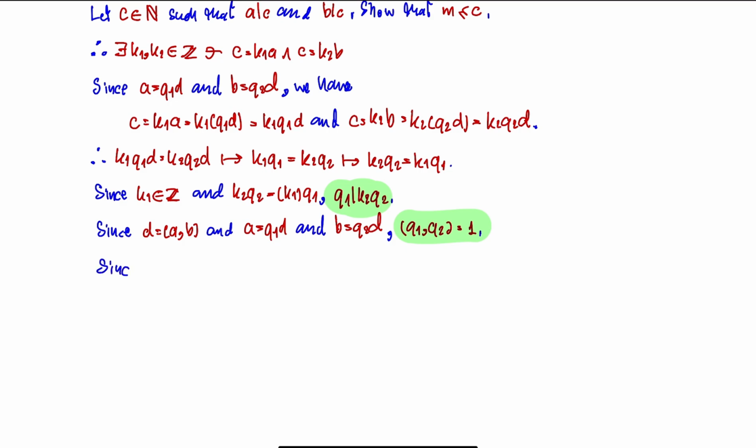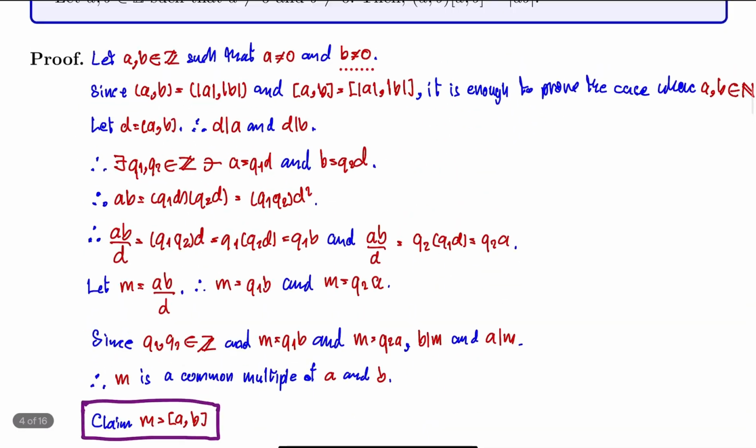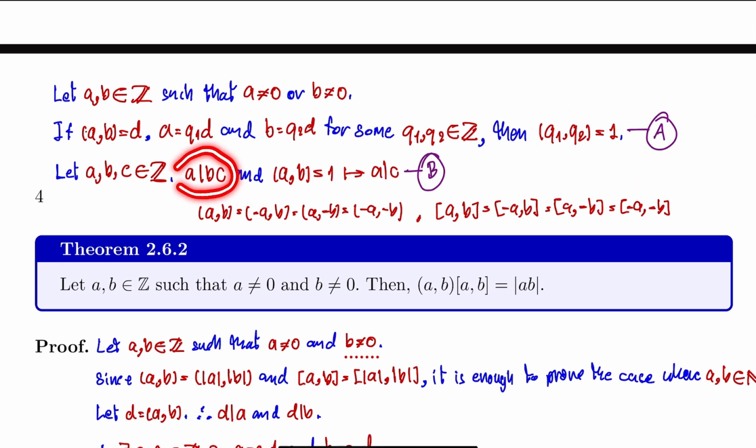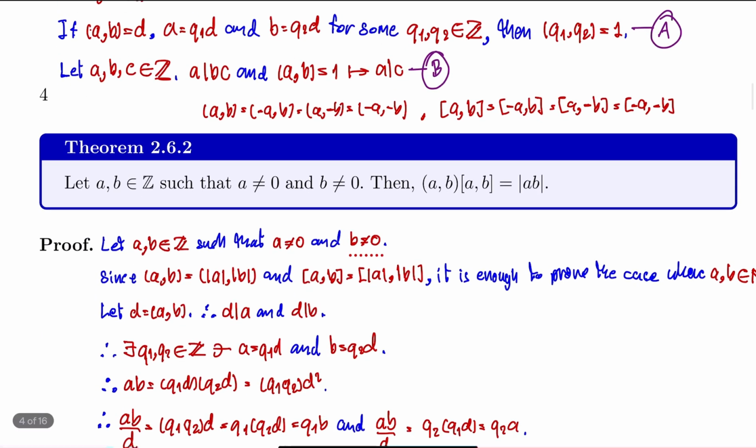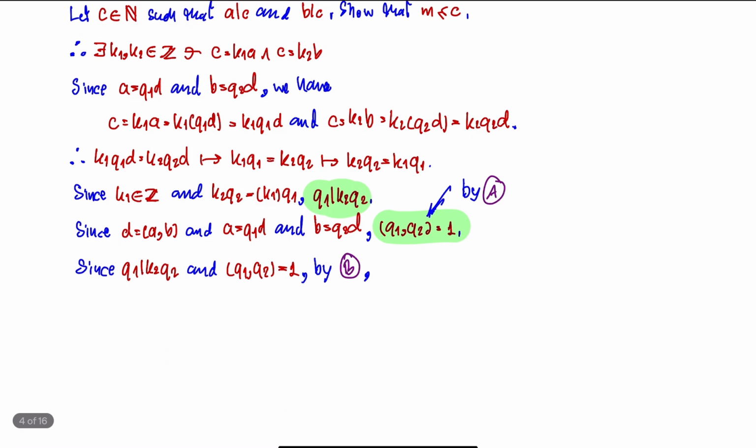Since we have Q1 divides k2 Q2 and the greatest common divisor of Q1 and Q2 is 1, by this statement: if A divides BC and the greatest common divisor of A and B is 1, then A divides C. So we have Q1 divides k2.